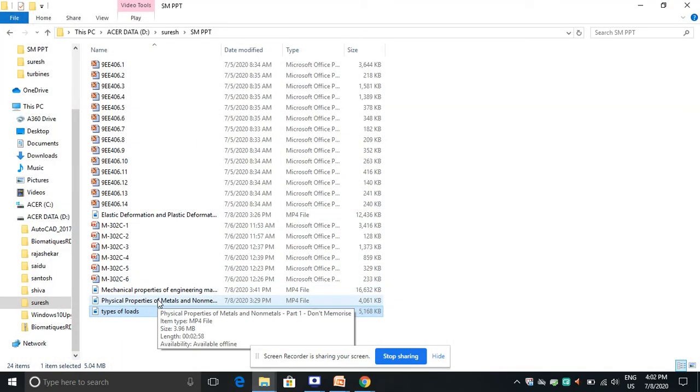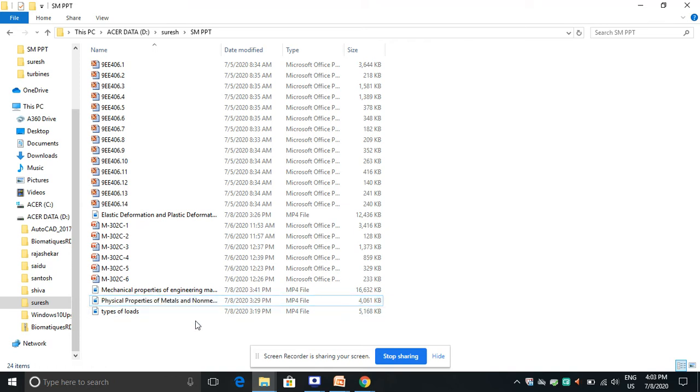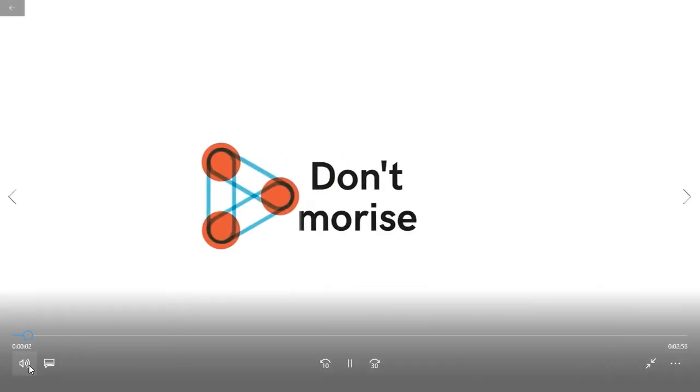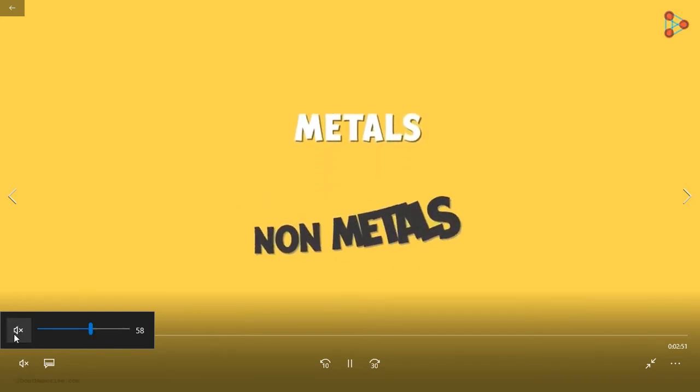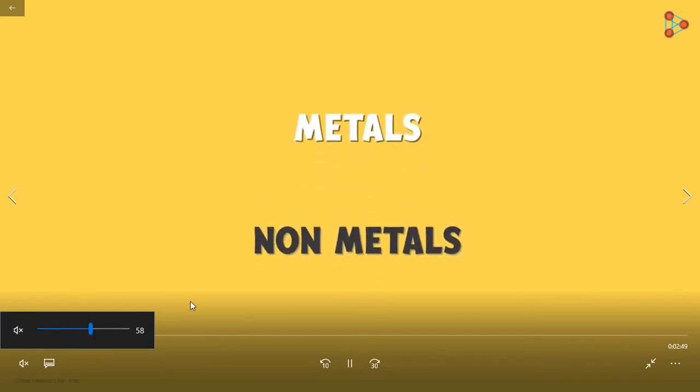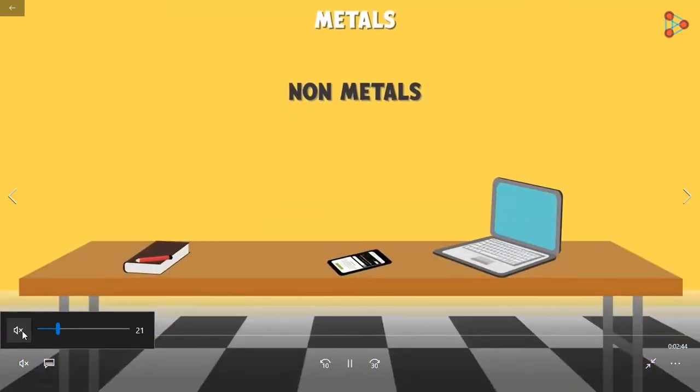See here, observing the table, we can have metals and non-metals.